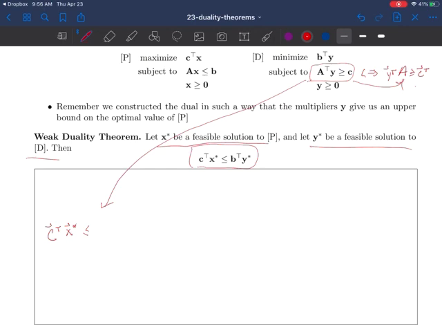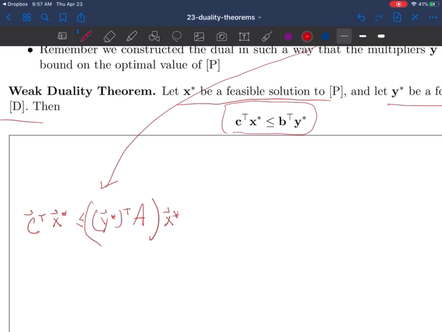I can say this is less than or equal to, well, c transpose is less than or equal to y transpose A. That's just from the fact that y star is feasible. So y star transpose A times x star.